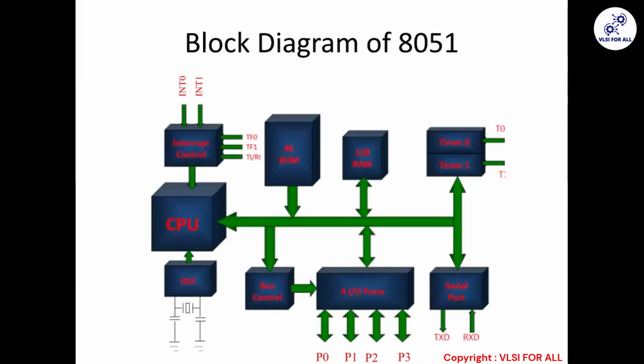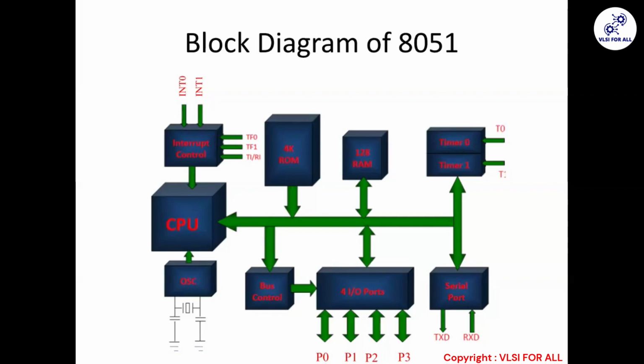In the first or second slide, I have shown you in one box: there is CPU, there is ROM, RAM, timer, serial port, everything. Now look here, the block diagram is showing in a distributed way how the connections are there for those RAM, ROM, CPU and so on.